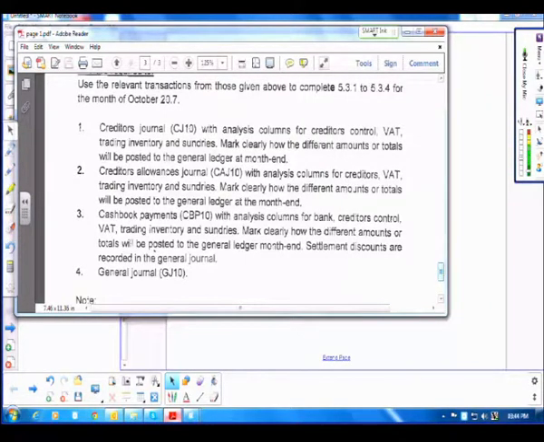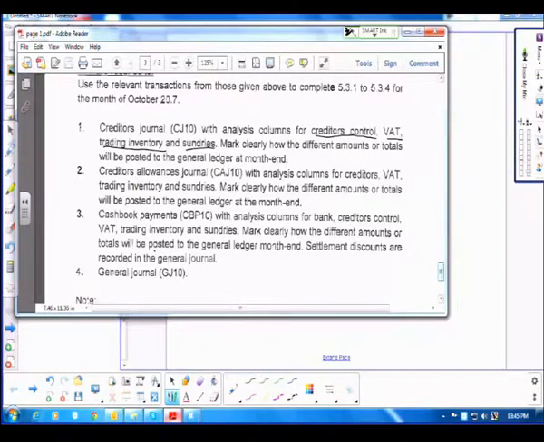The skill that you need to develop when you deal with this is to be able to identify the transactions. As you can see, on the question, they give you the columns that you need to use. For instance, for your creditors journal, they show you that you use creditors control, VAT, trading inventory, and sundries.